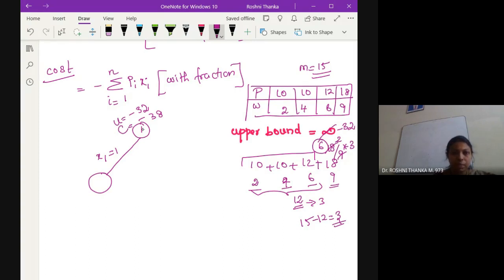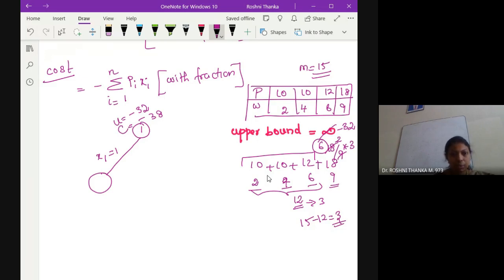So I'll be getting the same answer, because in the calculation we already considered the first item. There will not be any change in the upper bound and the cost. Here again, your upper bound is minus 32 and your cost is minus 38.